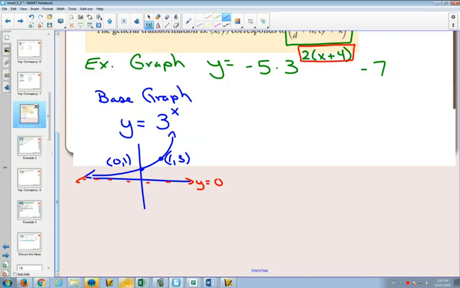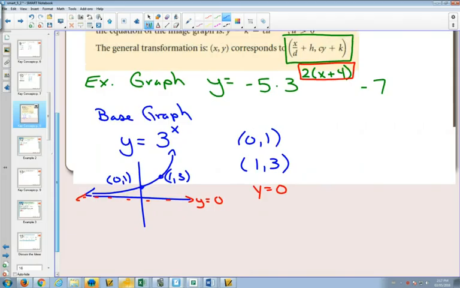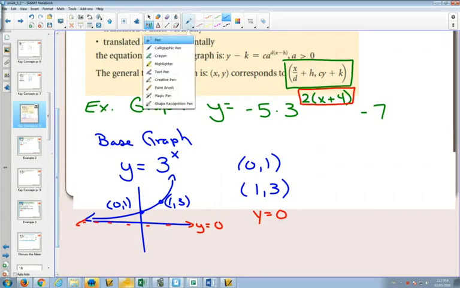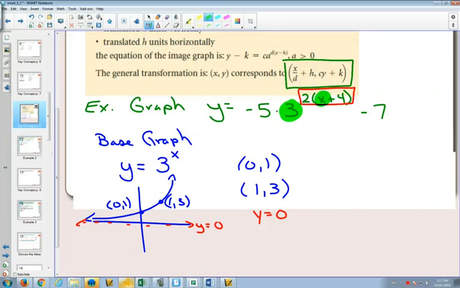Now what we can do is we can go from left to right and take these 2 points and our asymptote and look what happens to them. Okay? Going from left to right. First of all, I am going to, with a highlighter, highlight my base graph in my function so I don't do a transformation using that 3.